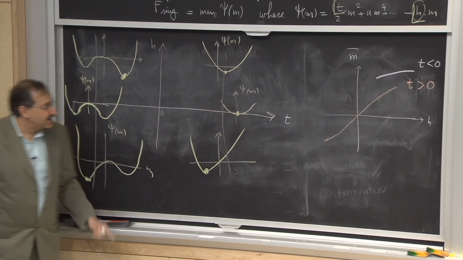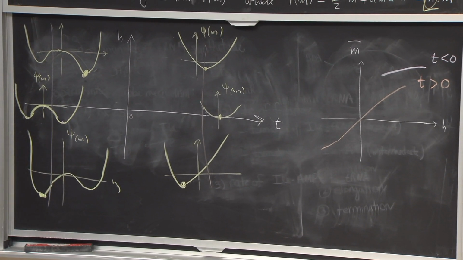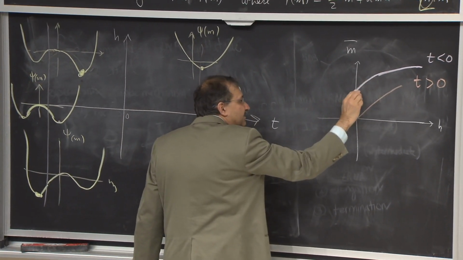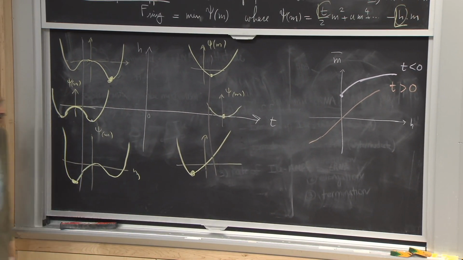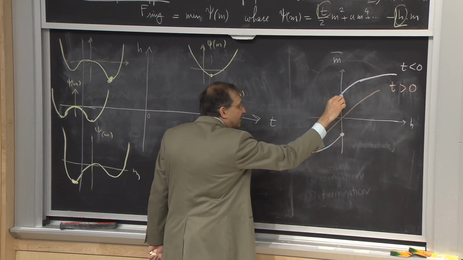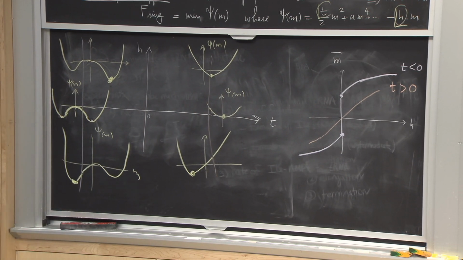As I scan h from positive values, I'm tracking this minimum, but that minimum ends up over here at 0. So basically, I come to here. Whereas if I come from the negative side, I'm basically following the opposite curve, and then I have a discontinuity exactly at h equals to 0. Okay?